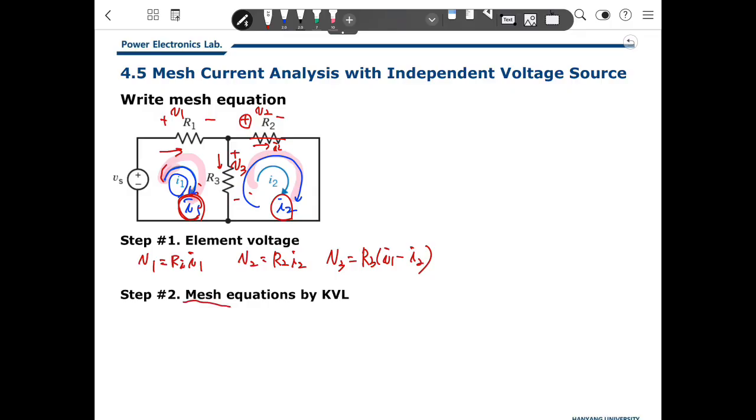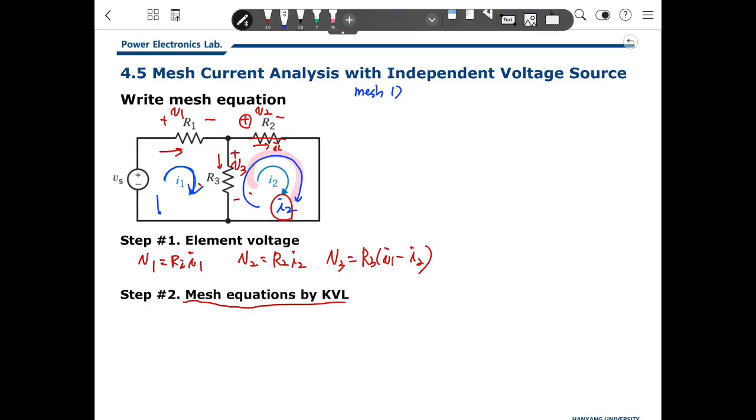Second step is to make a mesh equation by KVL. We need to check the first mesh, mesh 1. I will start here and go in the same direction as the mesh current, because we defined the mesh current in this way.